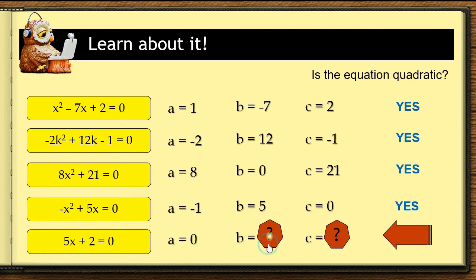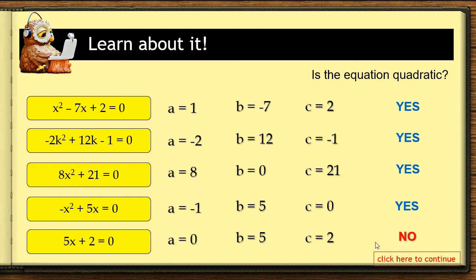Though b is 5 and c is 2, we cannot say that this is a quadratic equation because, take note of the definition of the quadratic equation, the value of a should not be equal to 0. So the fifth example is obviously not a quadratic equation.